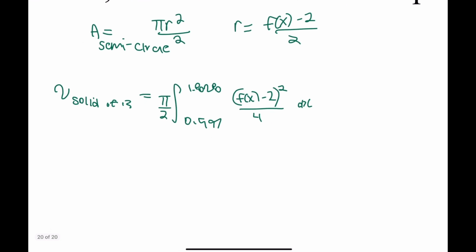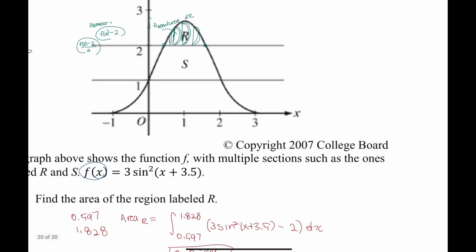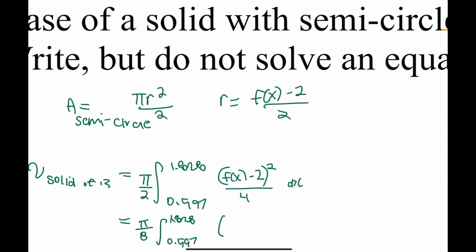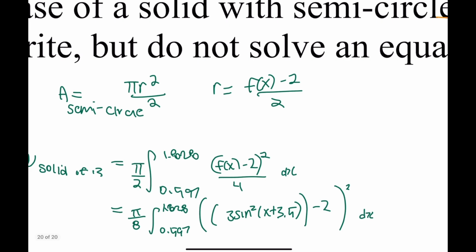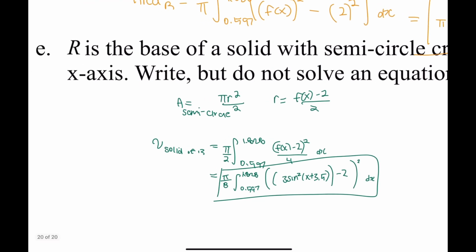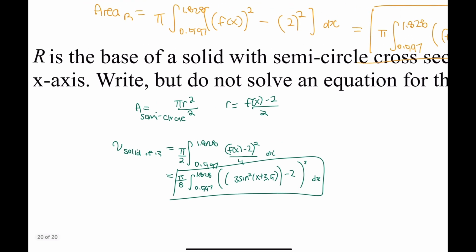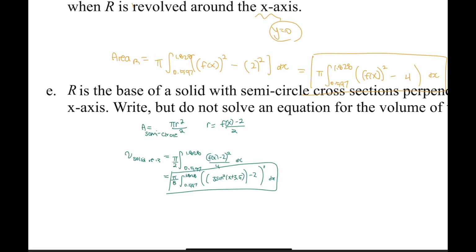We're going to put the 4 outside too, so pi over 8, from 0.597 to 1.828, of the radius squared, which would be 3 sine squared minus 2, and then everything squared dx. So this would be our integral function for the solid with base R and cross sections perpendicular to the x-axis as semicircles. That's it. Thank you.